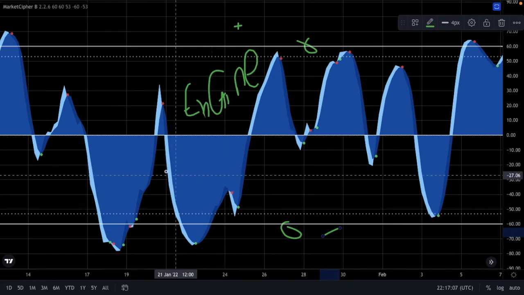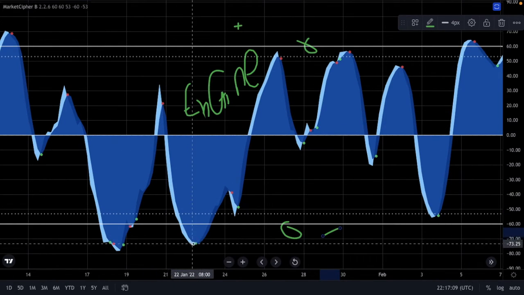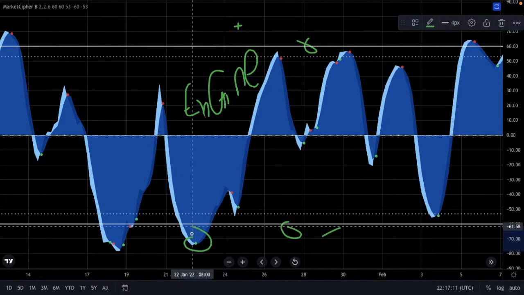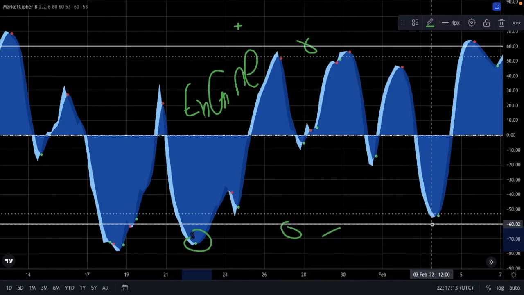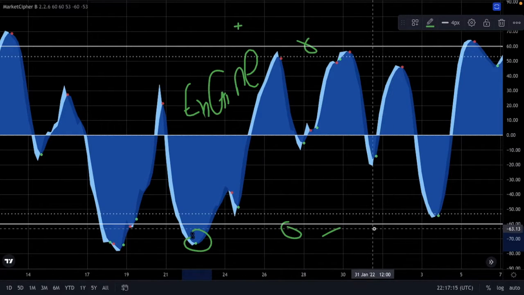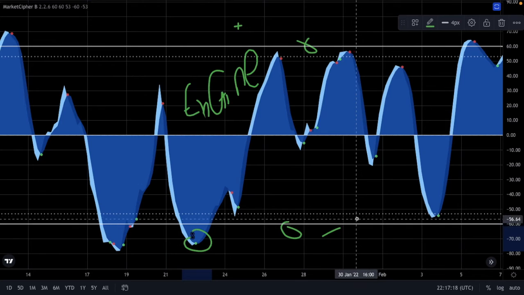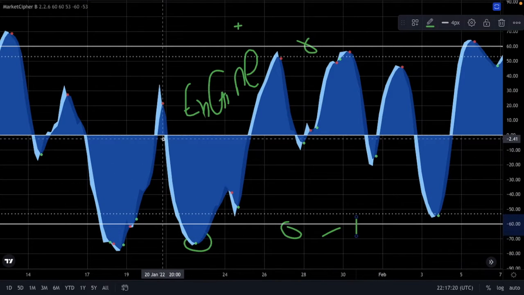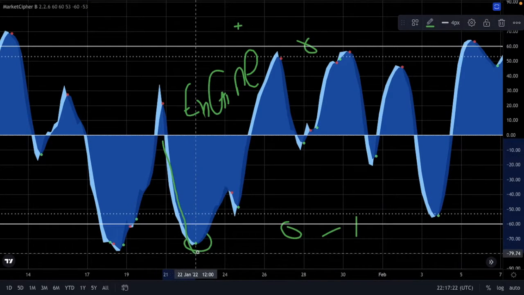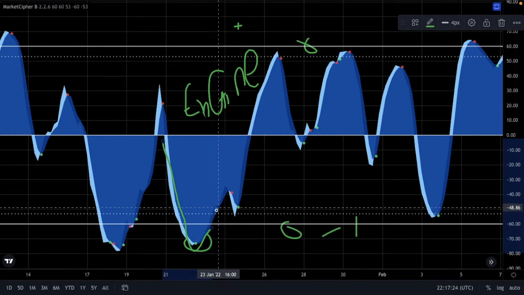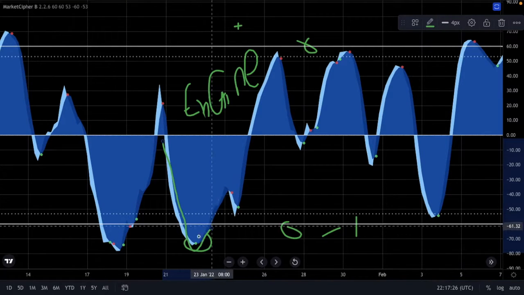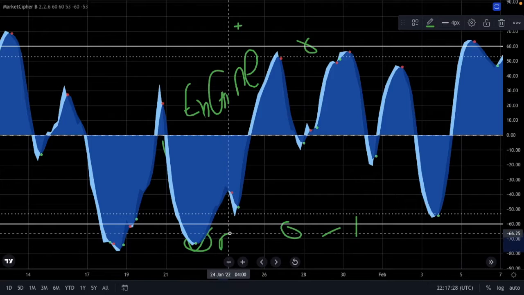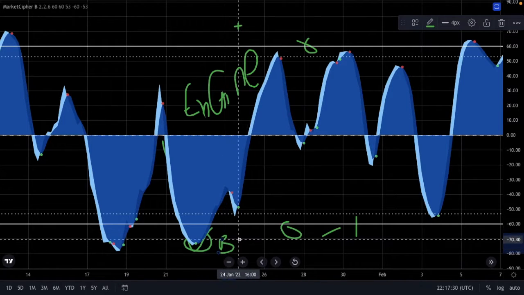Anytime this momentum wave crosses below this horizontal line, it means the price of an asset has bottomed. In other words, it has been oversold.